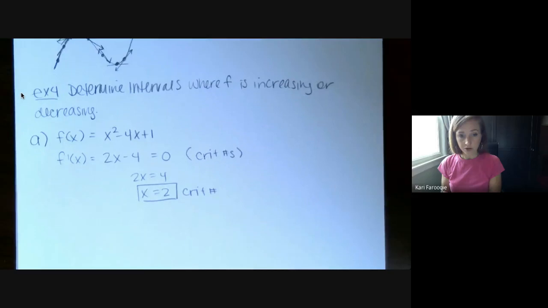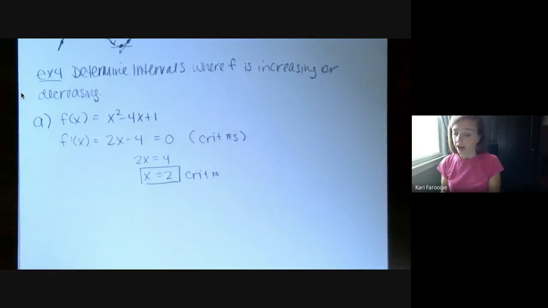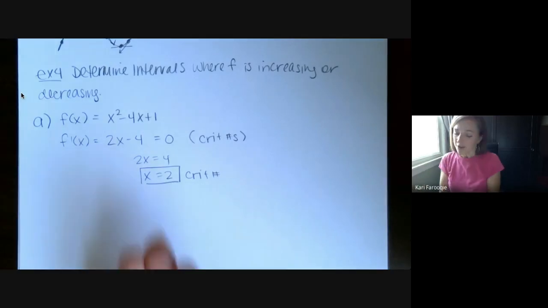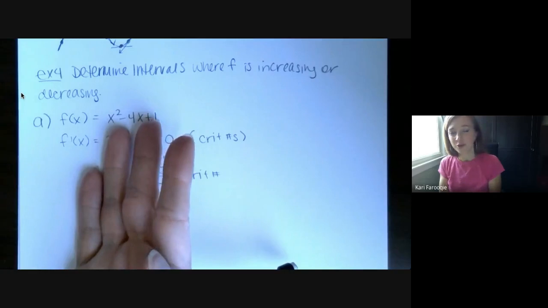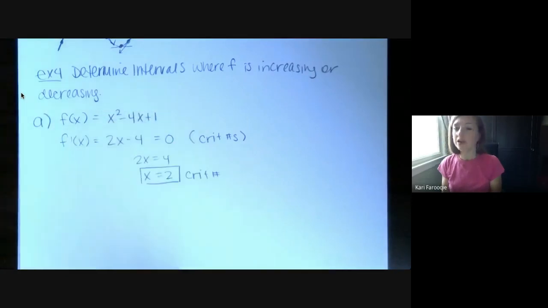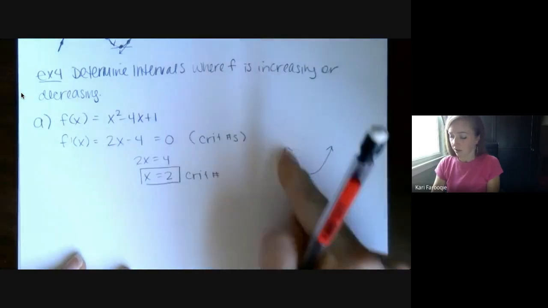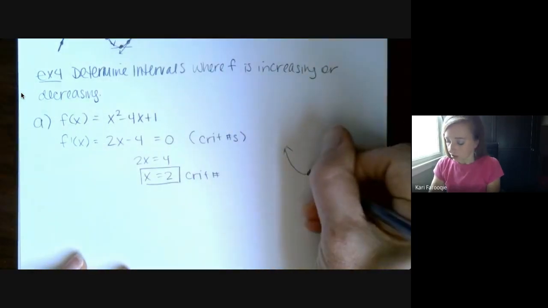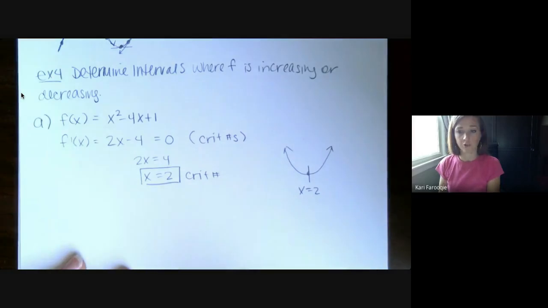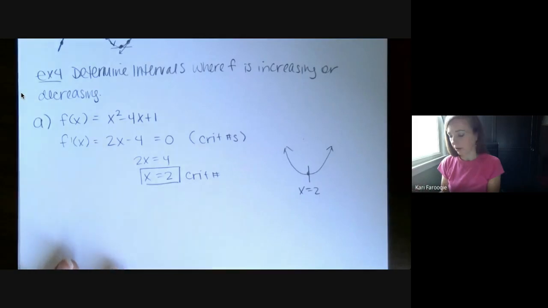So what you're going to do is find that critical number. And then we need to figure out what's happening on both sides of the critical number. Something is happening. I mean, it's a parabola. It opens upward because its lead coefficient's positive. So you're expecting to see this behavior where your function is decreasing and then increasing. There's a change, though, that happens at 2. You need to find what that is and prove this to me using some sort of test value.